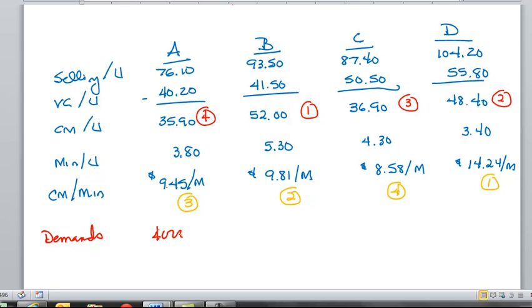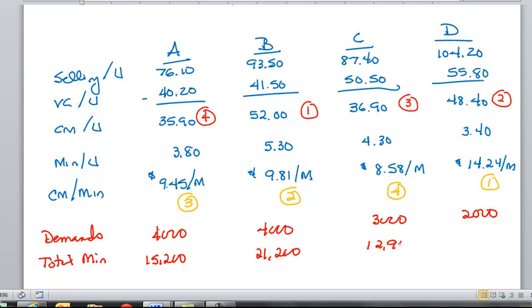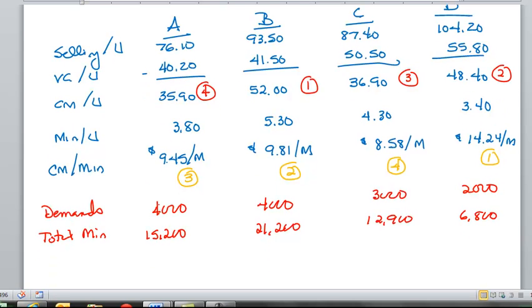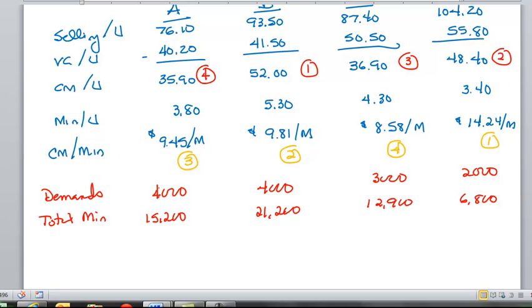It's 4,000, 4,000, 3,000, and 2,000. And we know the number of minutes was from the first question: 15,200, 21,200, 12,900, 6,800.